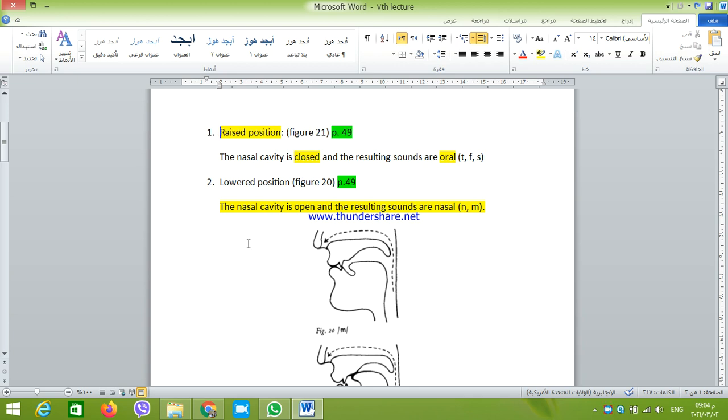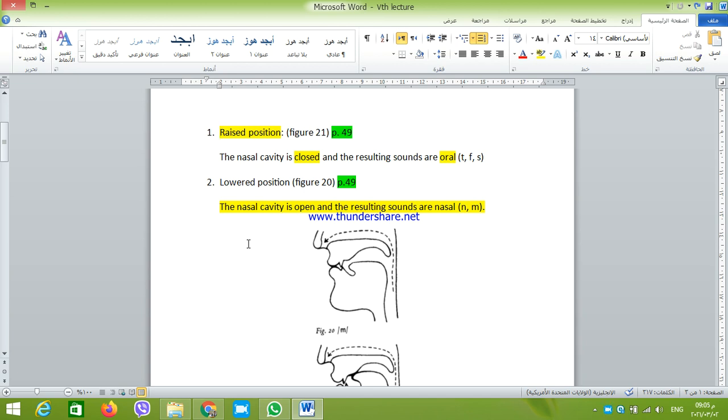Actually, in this case, if the soft palate is raised, the nasal cavity will be closed and the air will go out through the mouth, through the oral cavity. In this case, we will have an oral sound.